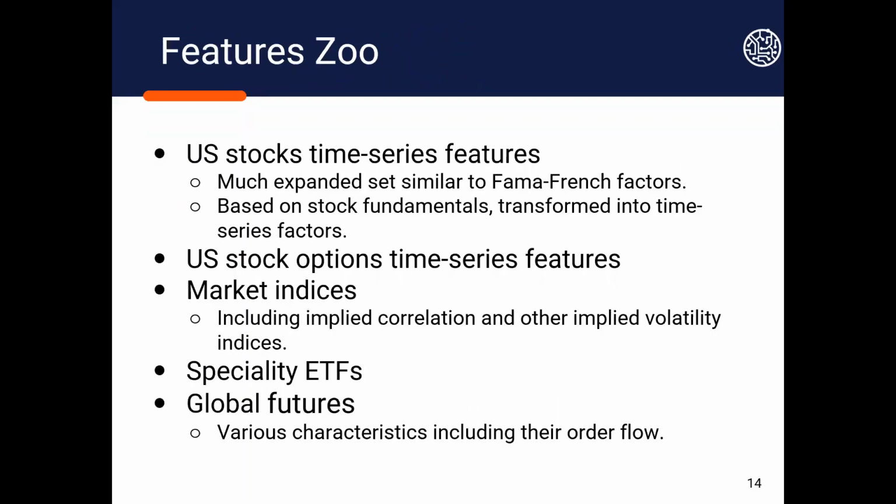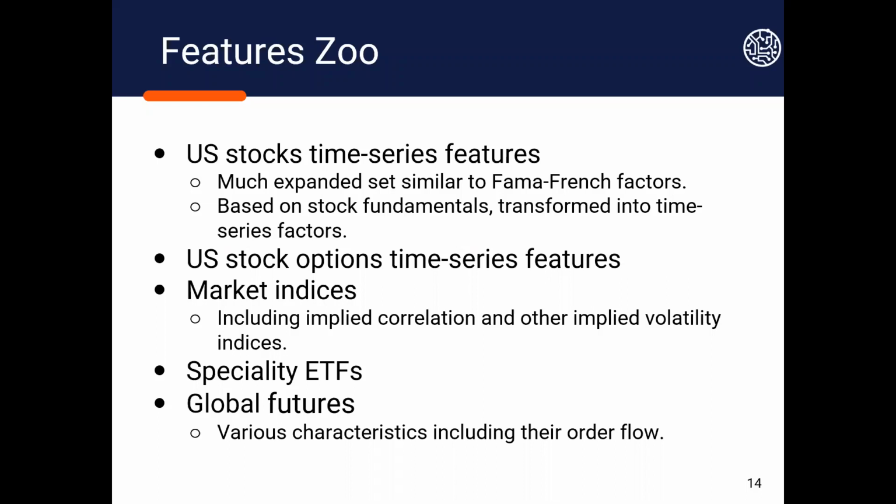Now, you might ask, what are the features? What are the ingredients? Well, to be more detailed, of course, we would use time series features from the stock market, such as the Fama factors, and stock fundamentals that are transformed into time series features. We could use options market features.